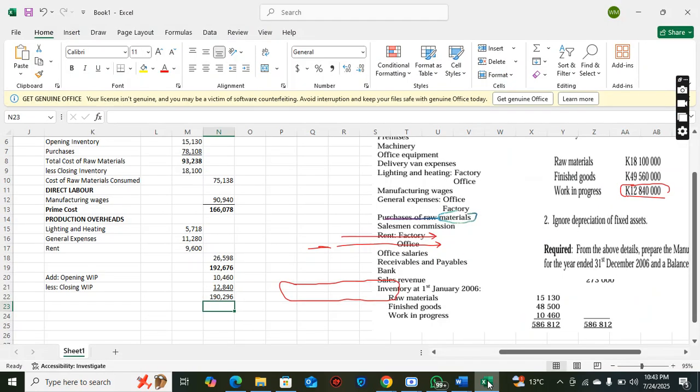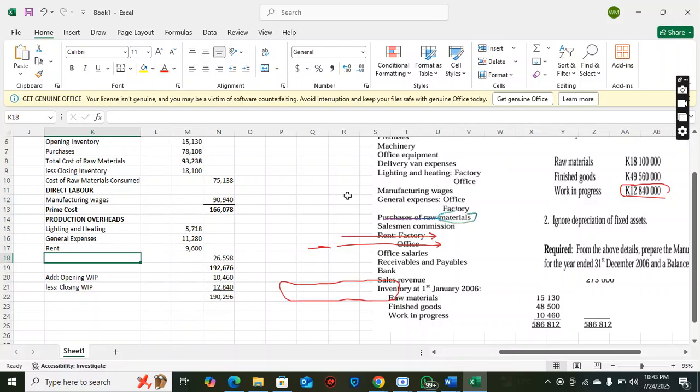So Mr. Twambo, which three things? Oh, here they are. Rent factory, we put the amount.